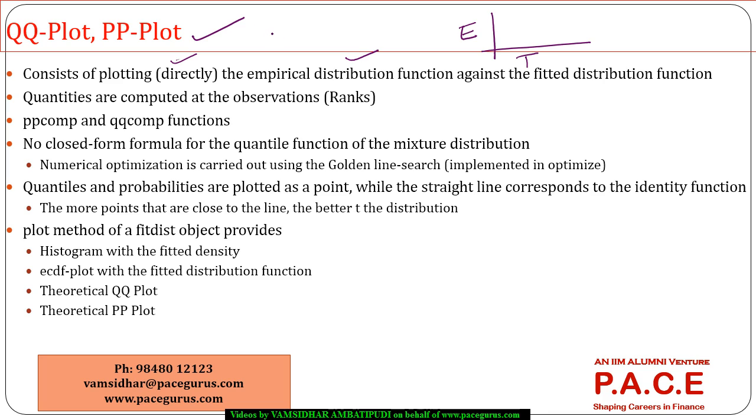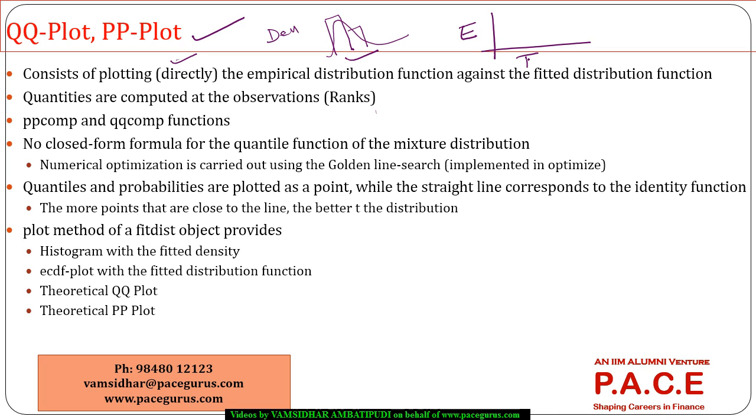In the earlier two, the density plots, we had the empiricals plotted as histograms, and the fitted is a line on this particular histogram. In the case of cumulative, it's the same thing: the empirical as well as the fitted are all drawn on the same axis, to see to what extent they are overlapping.